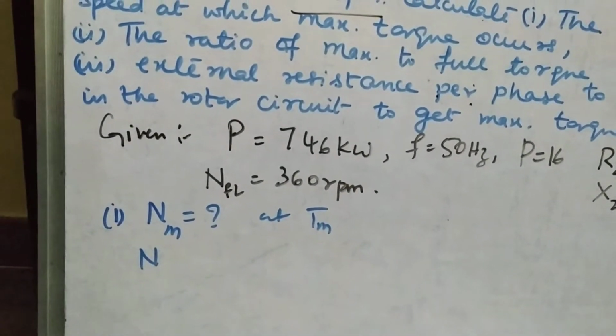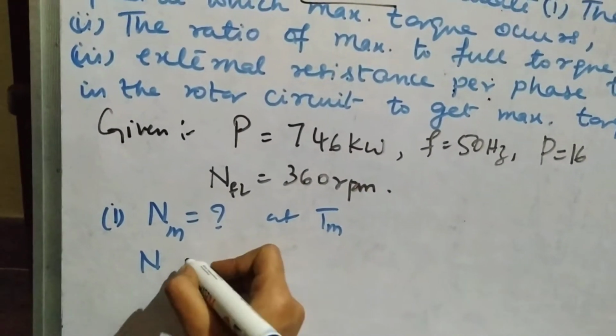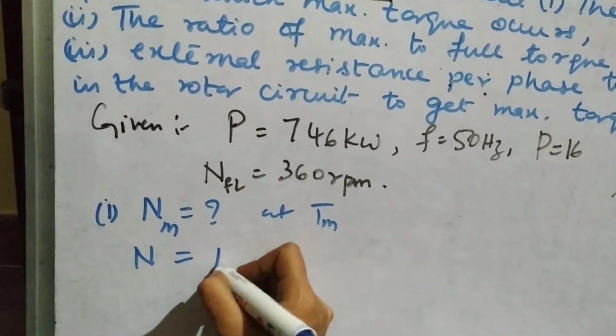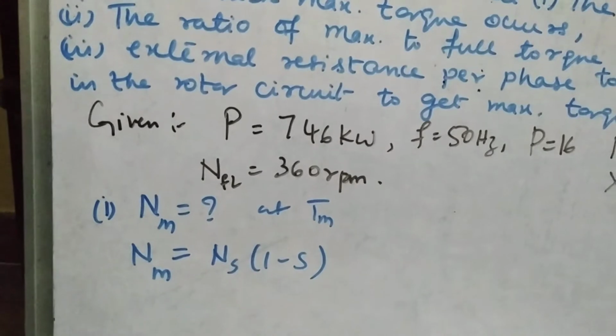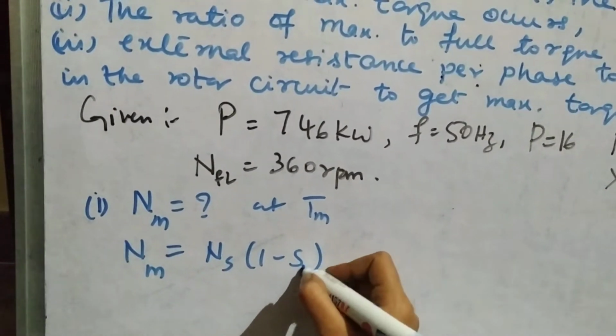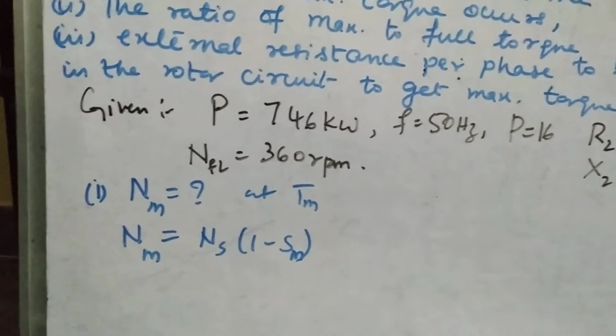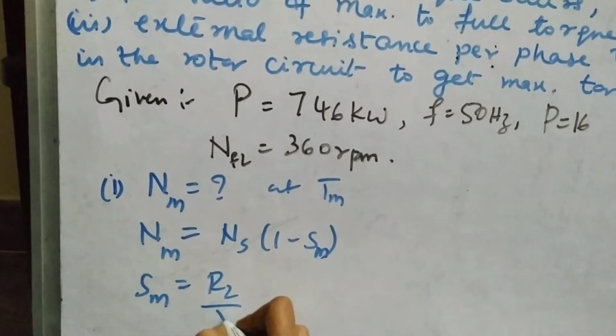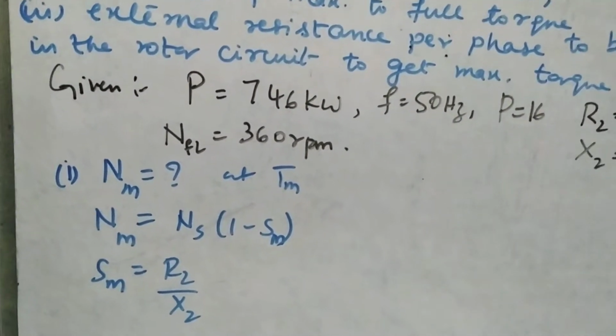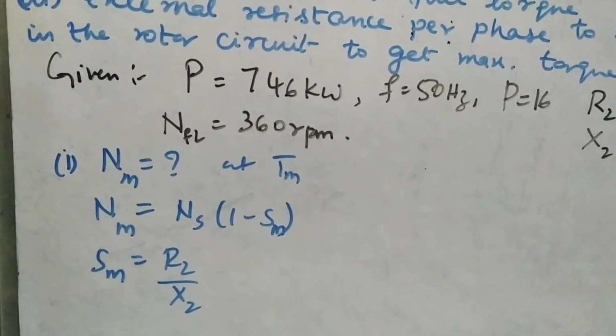In general, how do we determine the motor speed? N is equal to Ns into (1 minus s). So I will write Nm equal to Ns into (1 minus Sm), where Sm is the slip at maximum torque. Sm is equal to R2 by X2, and when we determine this value we get 0.133.